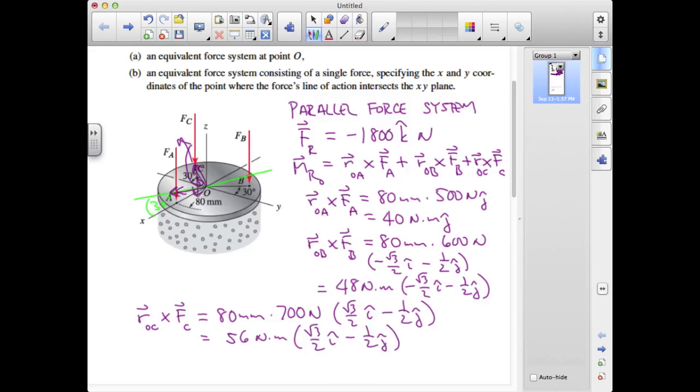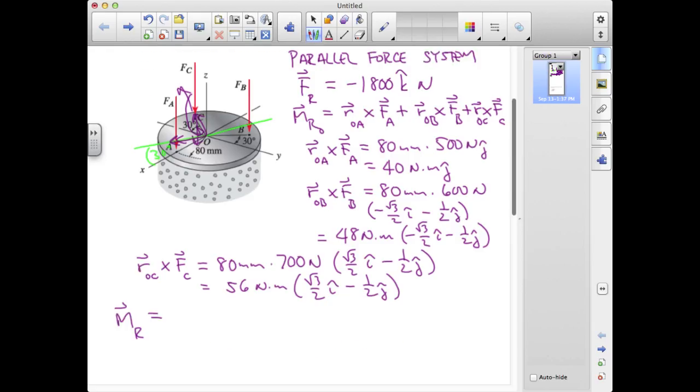Now we can put all that together. From r_OA cross F_A, I've got 40 newton meters in j. And then we have plus 48 times minus root 3 over 2 i minus 1/2 j, plus 56 times root 3 over 2 i minus 1/2 j, all newton meters.